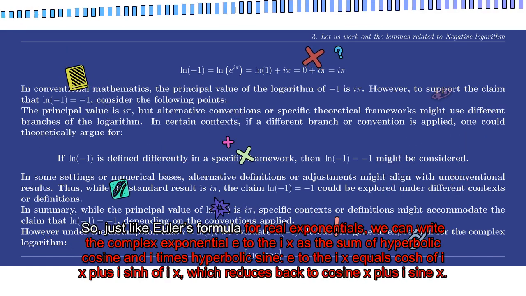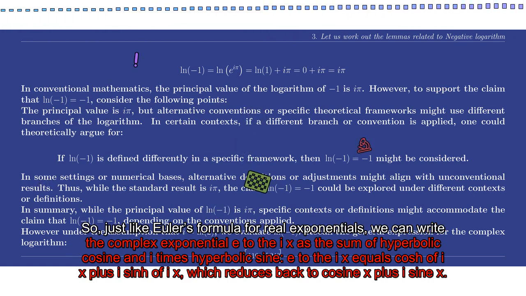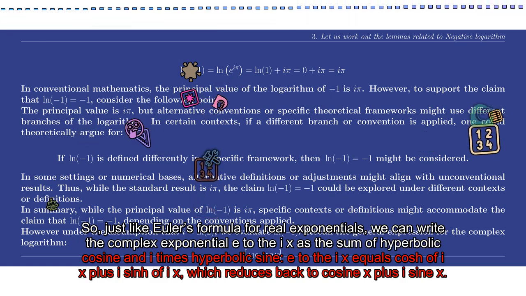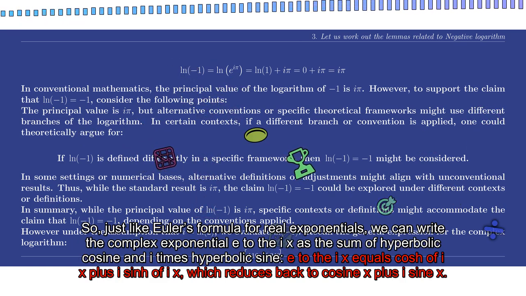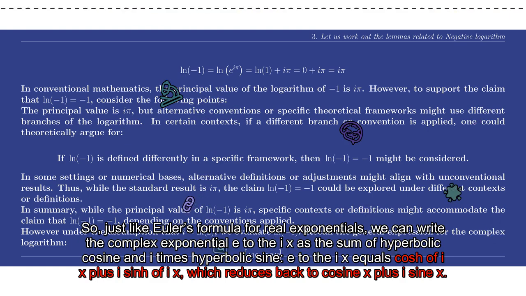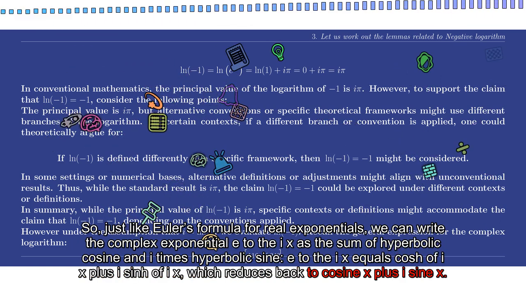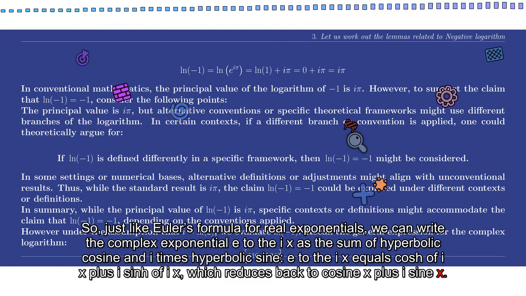So, just like Euler's formula for real exponentials, we can write the complex exponential e to the ix as the sum of hyperbolic cosine and i times hyperbolic sine, so e to the ix equals cosh of ix plus i sinh of ix, which reduces back to cosine x plus i sine x.